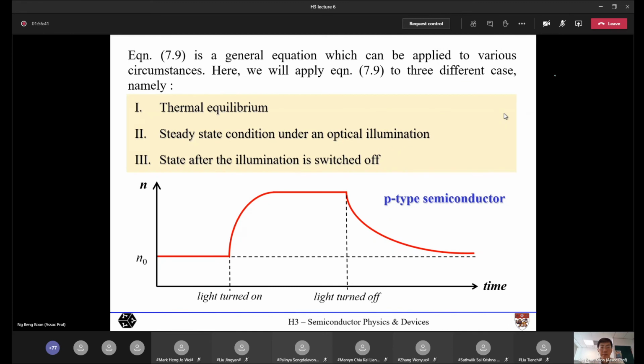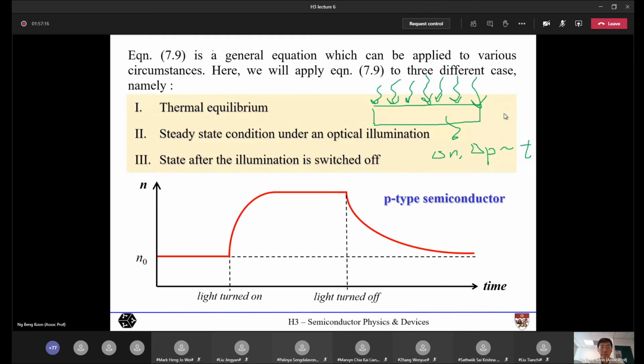Okay, so for the scenario that I talked about just now, which is if you have a piece of semiconductor and you shine light uniformly everywhere. Remember I said that the thing that we're interested in here is how your delta N or delta P, depending on which one you're analyzing, changes with time.